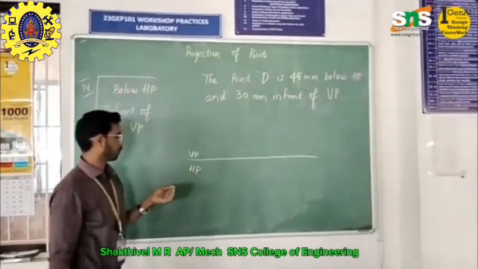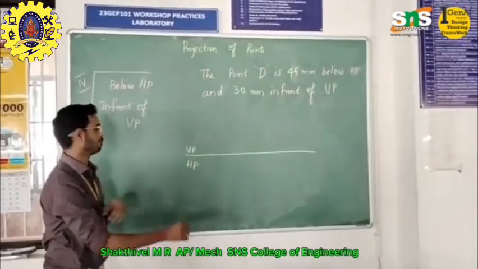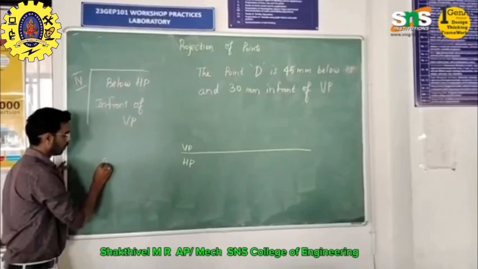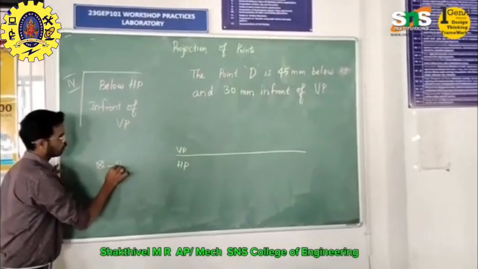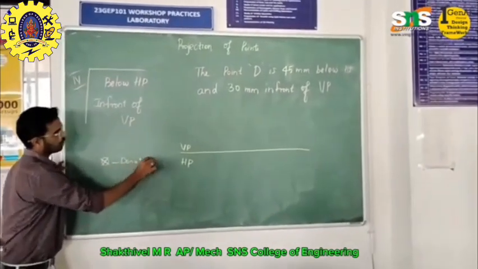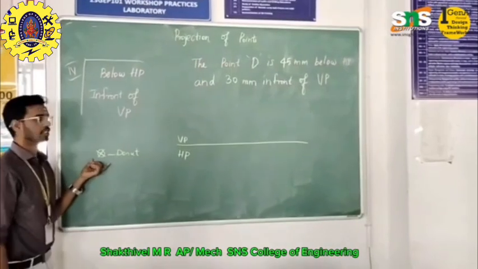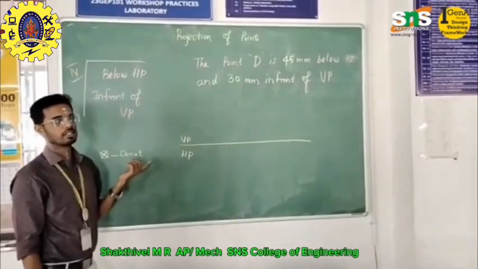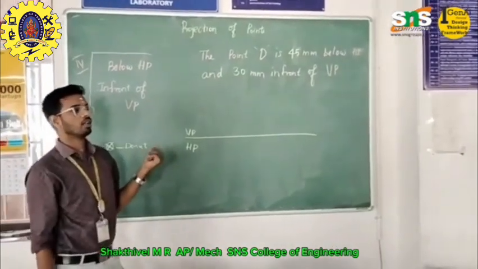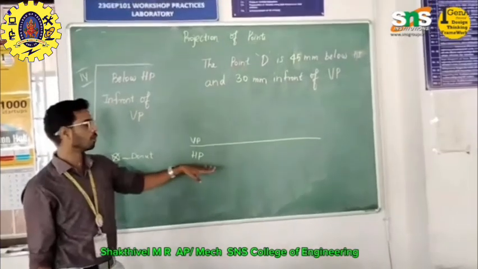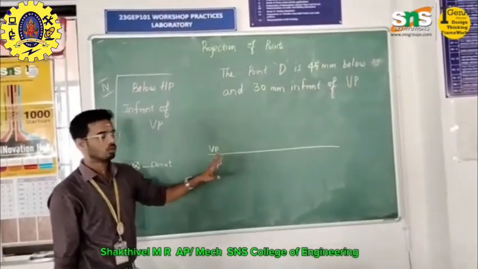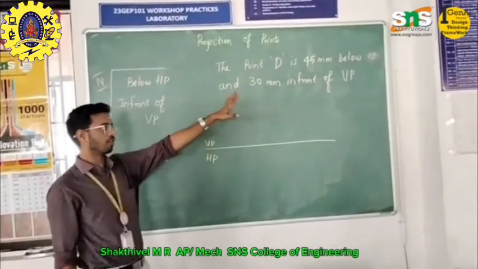In AutoCAD, we will use the donut option for the point. In AutoCAD, we can draw everything in 2D and 3D. Now we draw the point that is 45 mm below HP.